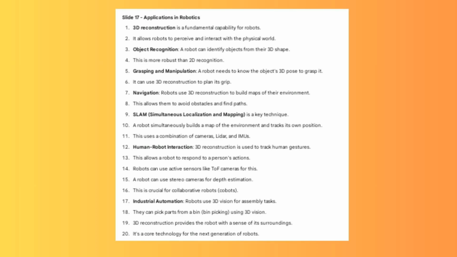We call this simultaneous localization and mapping, where a robot uses a combination of cameras and lidar to simultaneously build a map and figure out its own position within the map. This allows it to safely navigate and avoid obstacles.